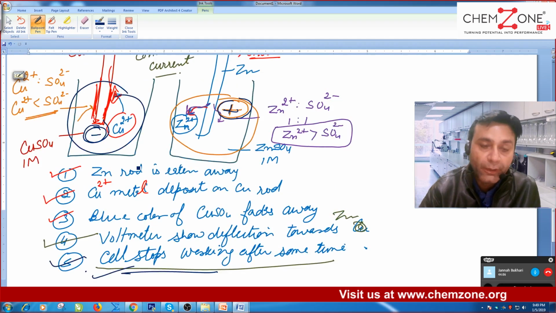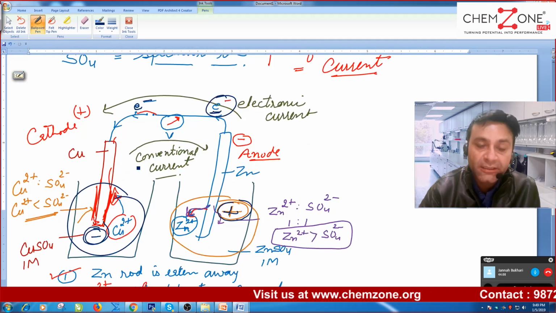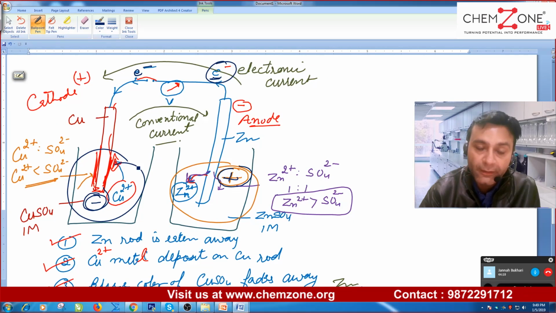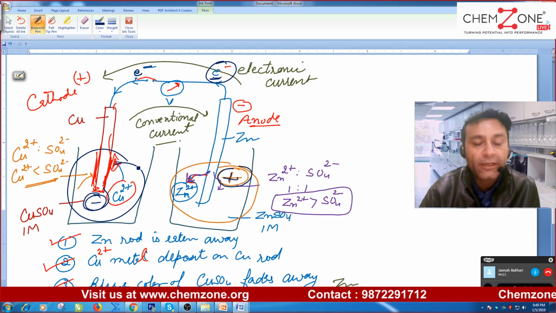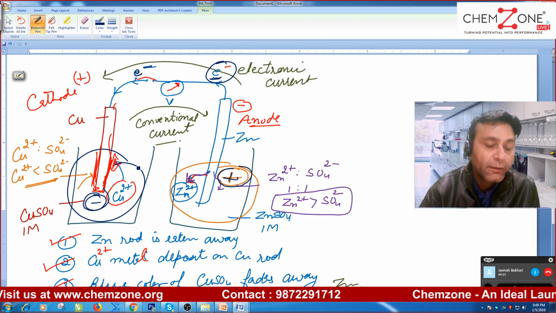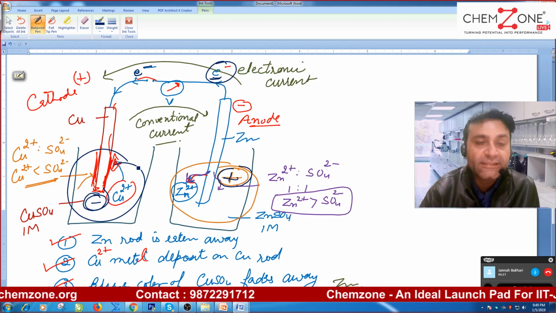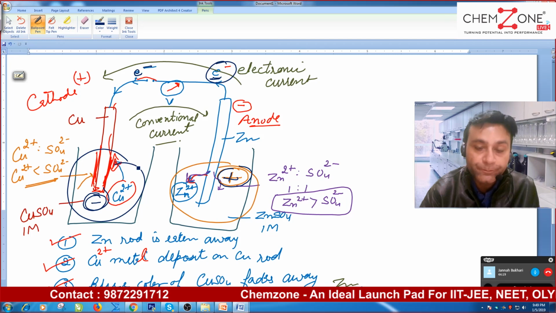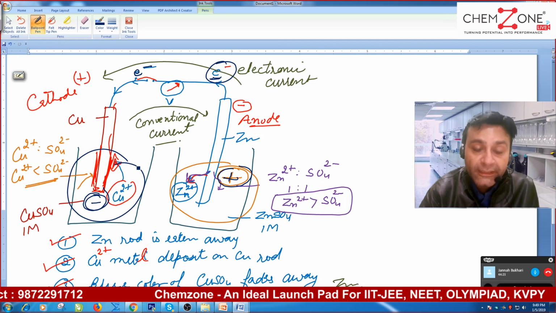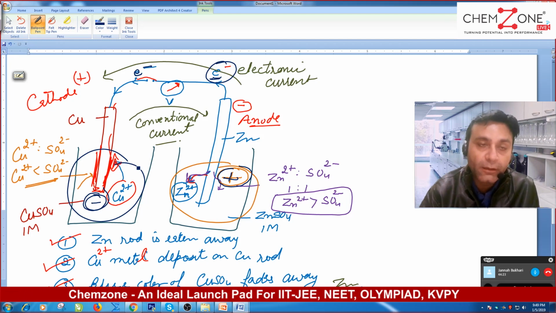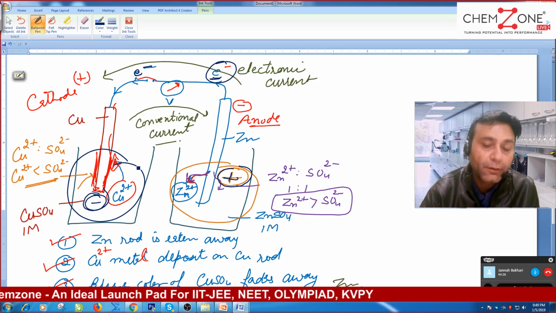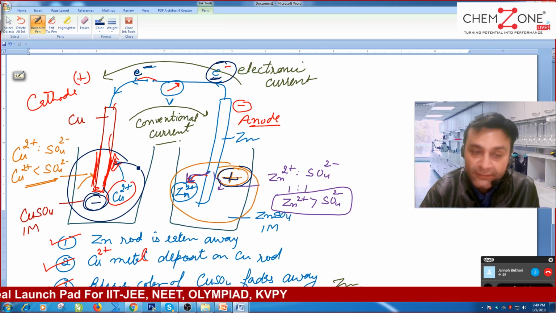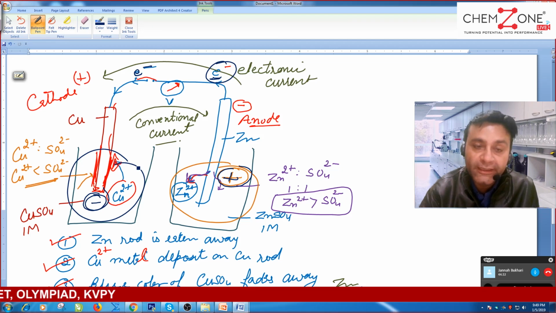So that was my observation, how we discussed it, that why it is happening. But now again a question arises here, that I want the cell to continue working until the complete chemical is consumed. I want that the cell should continue working until there is a copper rod, until there is a zinc rod, until there is a copper solution.